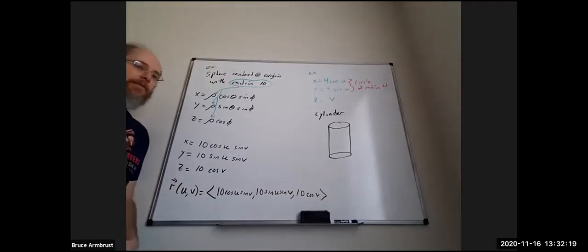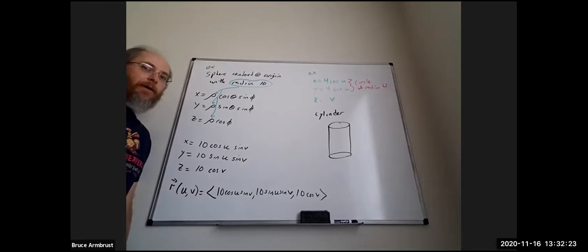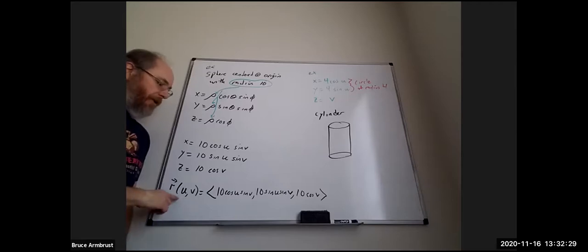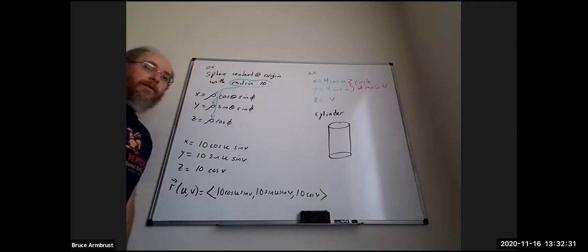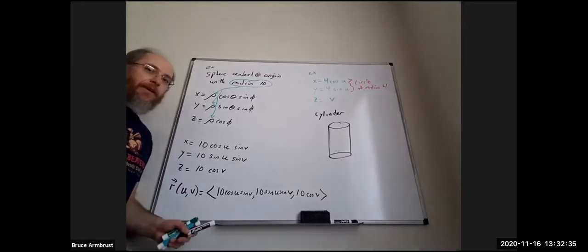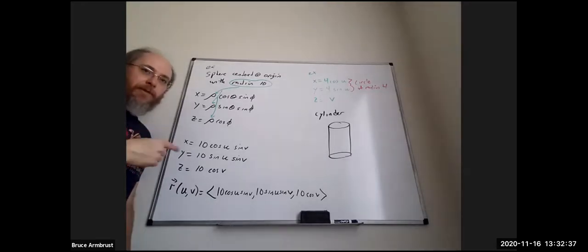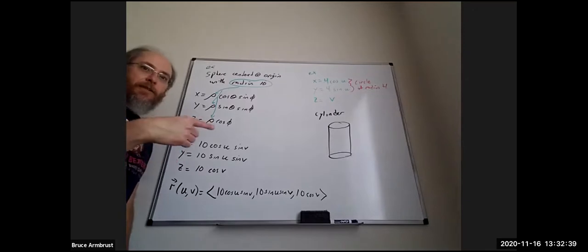Now, the fact that I'm using a vector valued function to describe this should not bother you whatsoever, because we've done that before. You think of surfaces as r of x, y, right? So think about these vectors. Again, they're pointing from the origin to the point that's on the surface.